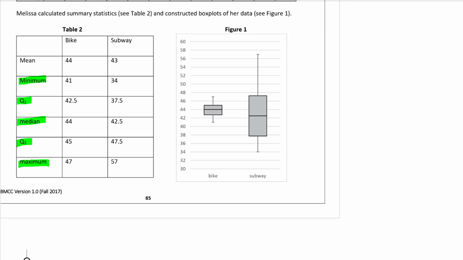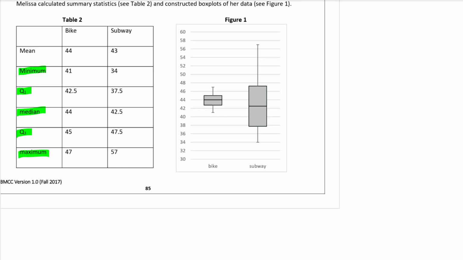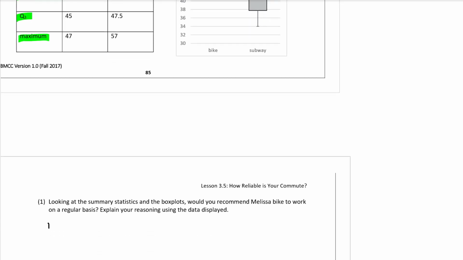Well, biking, as you could see, is less spread out. So we can definitely write that.